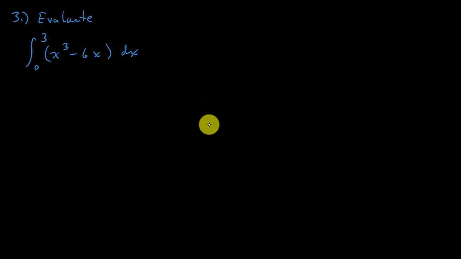All right, so let's look at this problem. This one here is a definite integral. See, we've got the limits on the integral here. So let's just integrate it. So x cubed. Remember, I add 1 to the exponent, add 1 to the 3, and then multiply by the reciprocal of the new exponent.